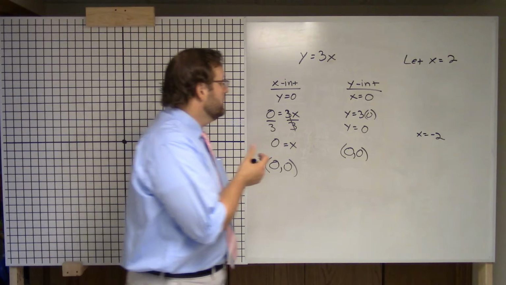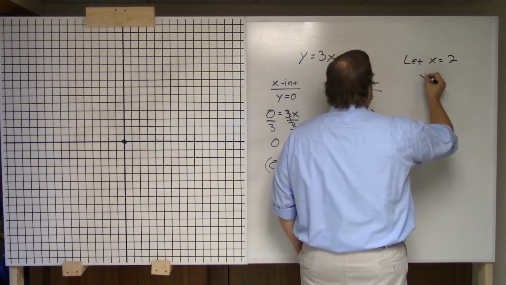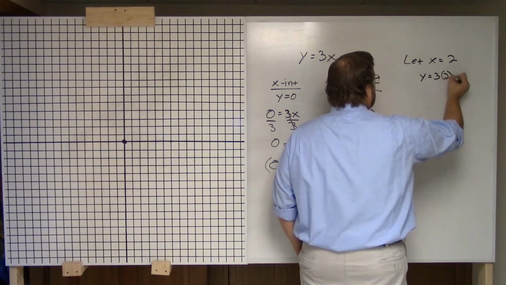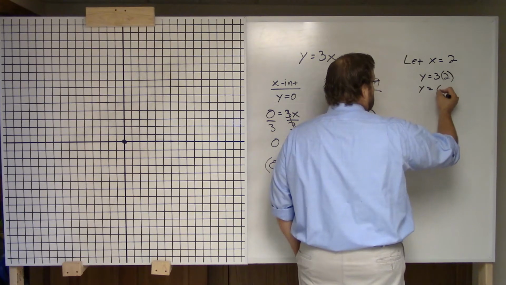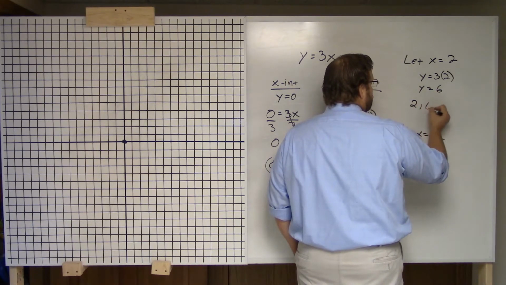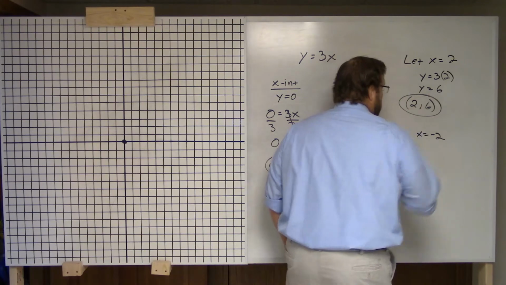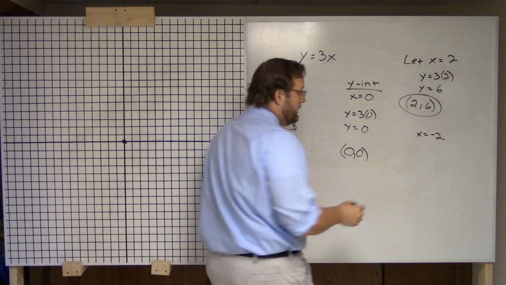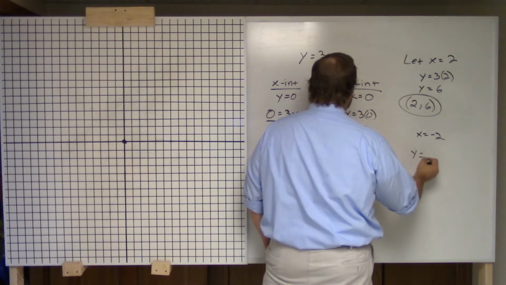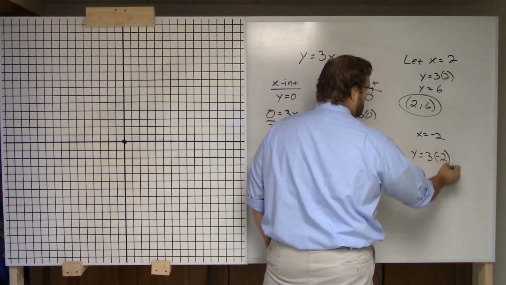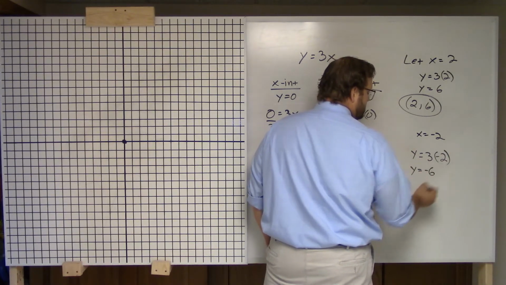Okay? So if I plug that in, y equals 3 times 2, or y equals 6. So that gives me 2, 6 as another point. And then over here, I've got y equals 3 times -2, or y equals -6.